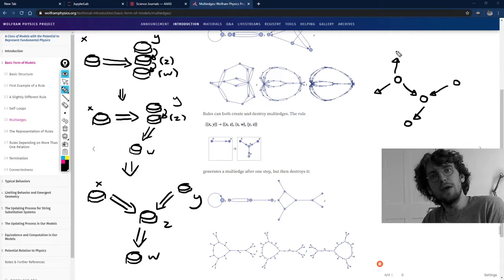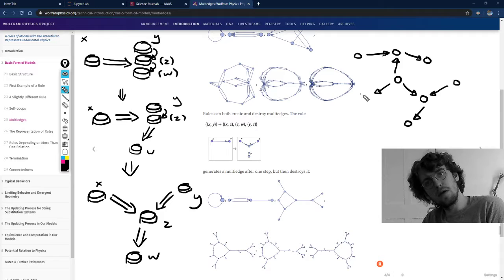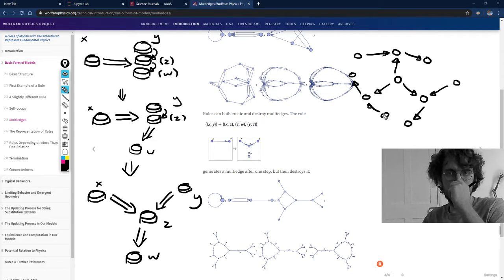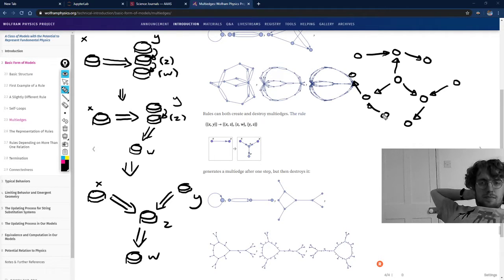You can see this is kind of a wheel. Is that going to make sense in the next step?